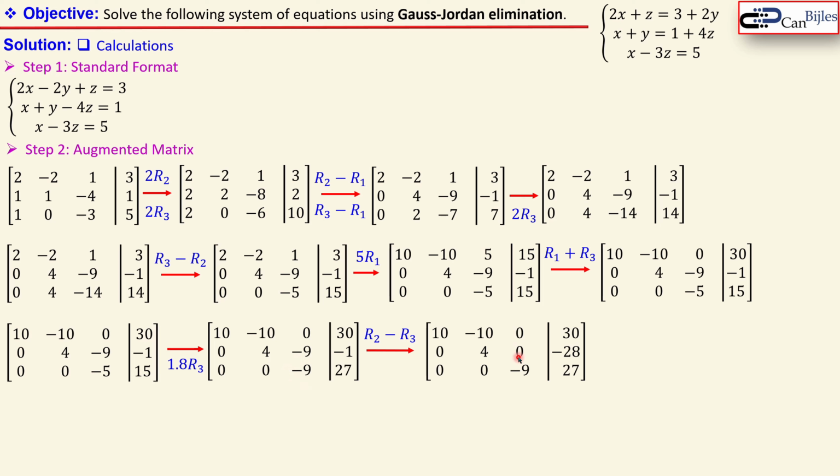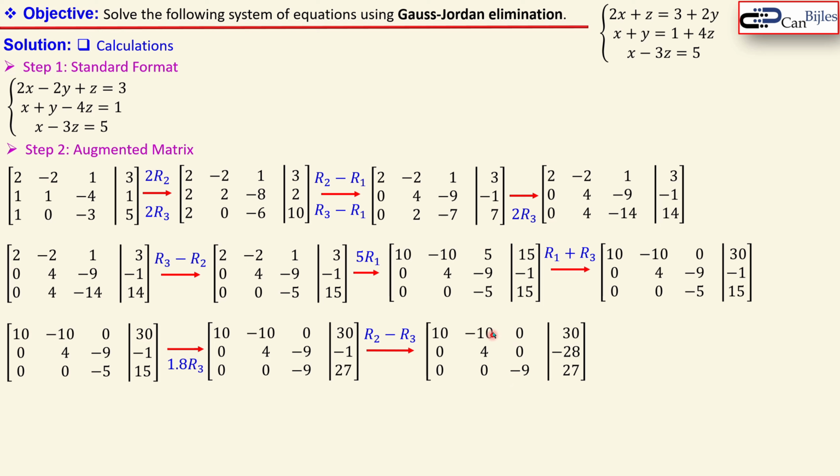So we get actually 0 here, and minus 1 minus 27 is minus 28. You can already see also what the y should be, because this is 4 times y is minus 28, but you get actually now closer to the nice expression or format we wanted to have for the Gauss-Jordan elimination.